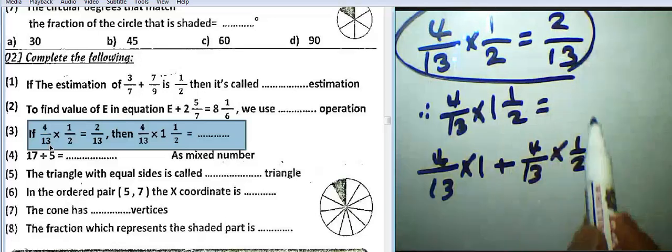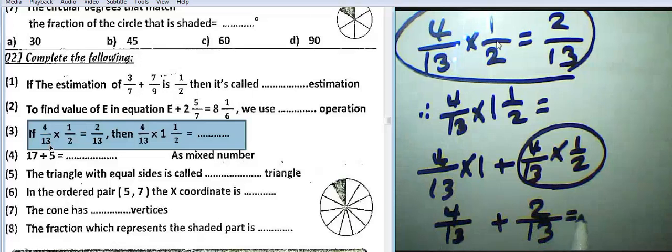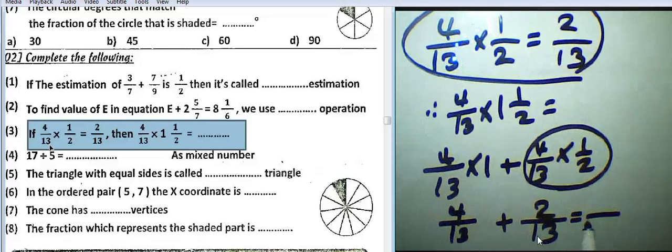The result here will be 4 over 13 plus 2 over 13, because 4 over 13 times a half equals 2 over 13, plus 4 over 13, it will be 6 over 13.